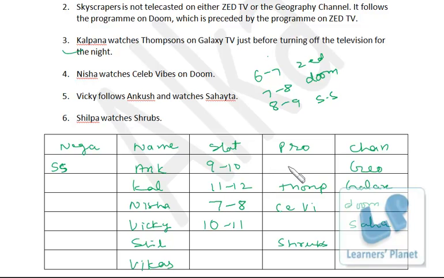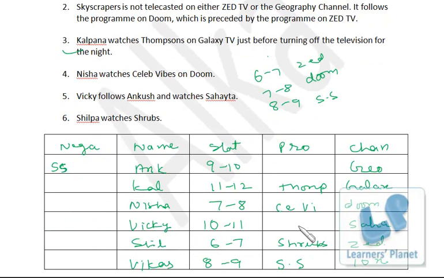Now Skyscraper cannot be here and Skyscraper cannot be here, and here it is Shrubs, so Skyscraper should be here, 8 to 9. Then we are left with 6 to 7. So that should be ZTV, and the remaining is 10x.